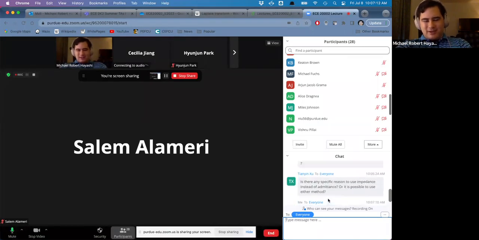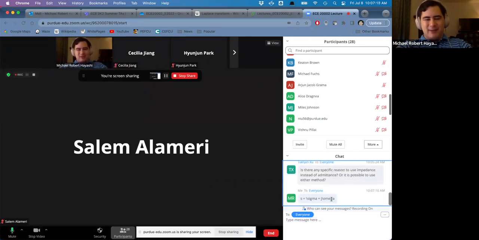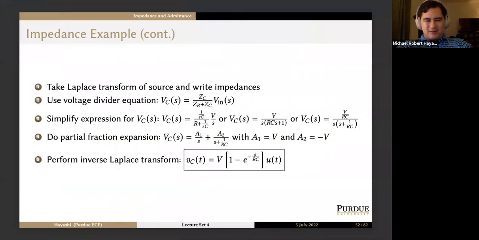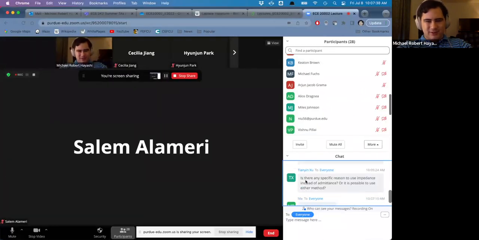So now we're considering the transient response in addition to just the sinusoidal steady state response that you would get with j omega. Because if you were to do the exact same work using j omega, you wouldn't get this e to the negative t over RC component. You would just get that V u of t type of component if you were trying to solve this with phasors. It'd be a little bit weird, but you could do it.